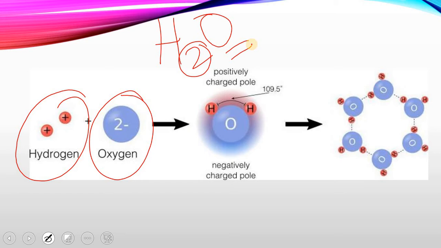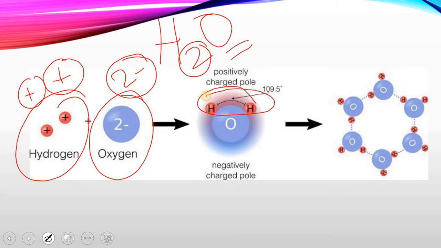So two positive hydrogen and one negative 2 oxygen. So we know at this part of the water we have a positive charge pole, and here we have the negative charge pole. And because of this, it's easier for the water to dissolve any kind of solute.